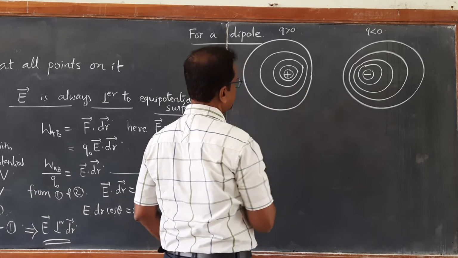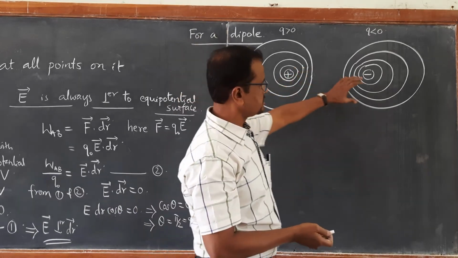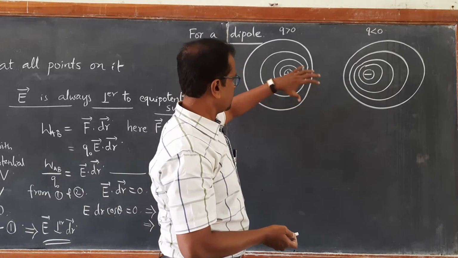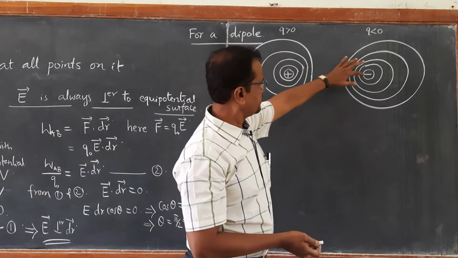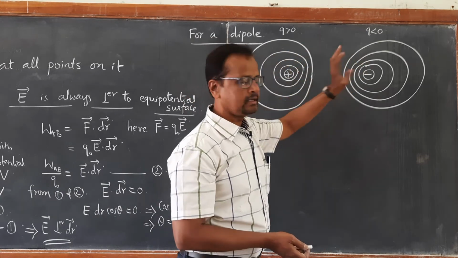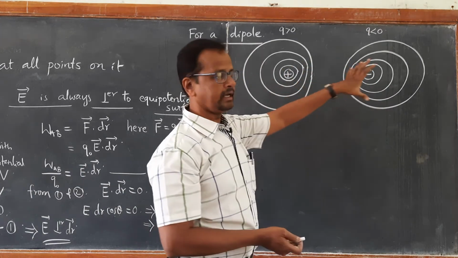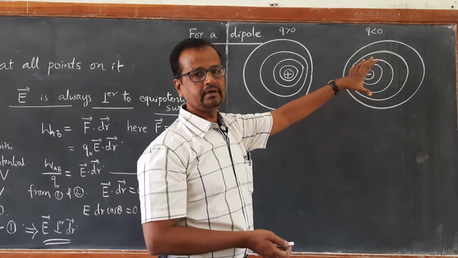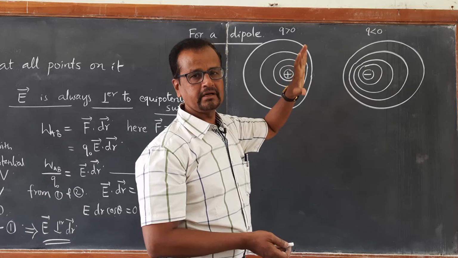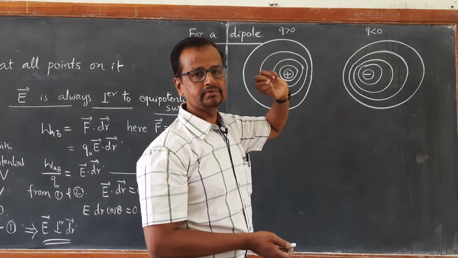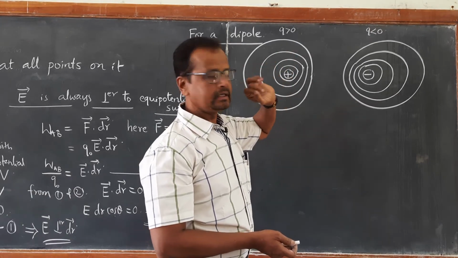Equipotential surfaces are drawn for the positive charge as well as the negative charge. Very interesting. Here in between the charges, since they are unlike charges, you will expect a force of attraction. There is a kind of attractive interaction.